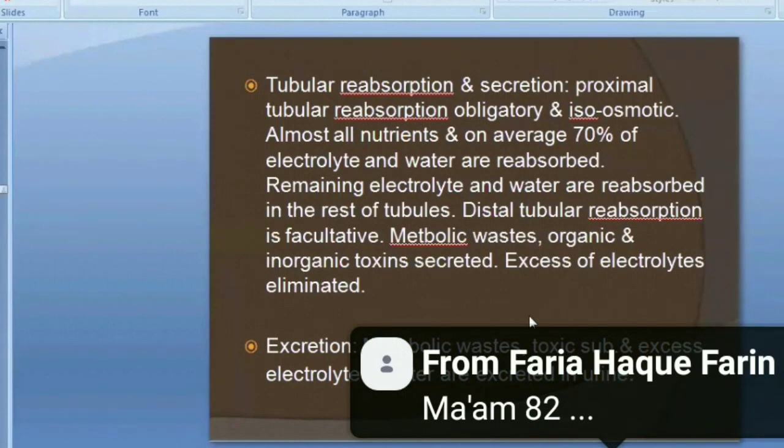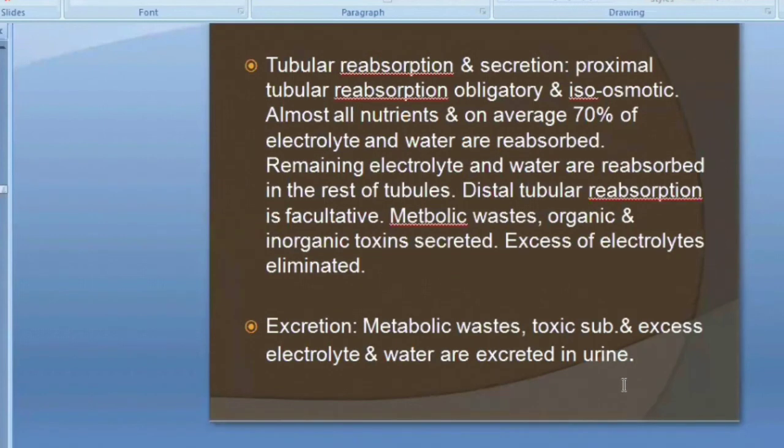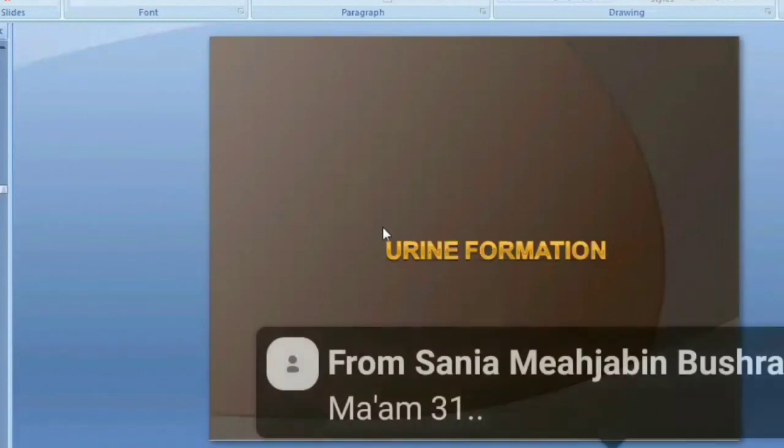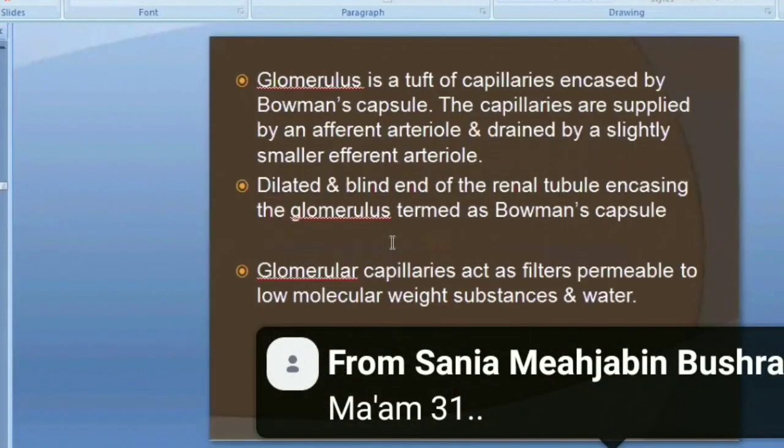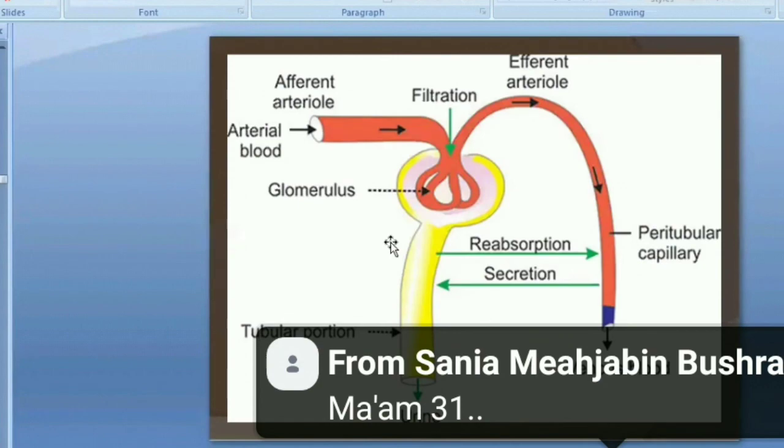Next. So in short, this is urine formation. I have not done it very elaborately, but in this urine formation, you must know the previous subject, at least the basics, as well as this information.